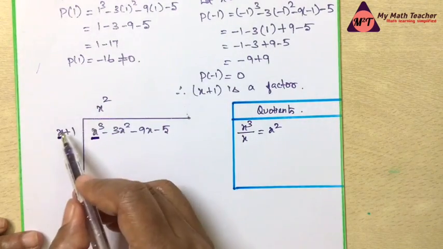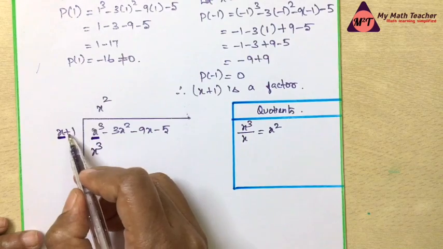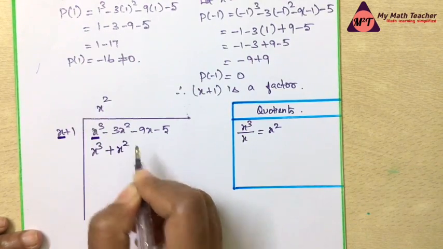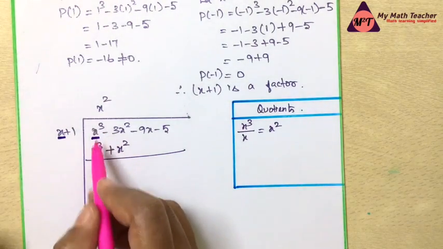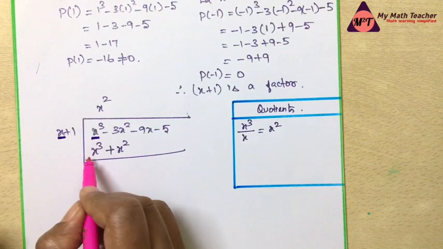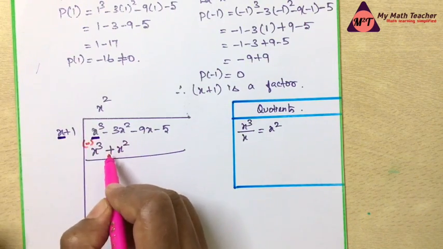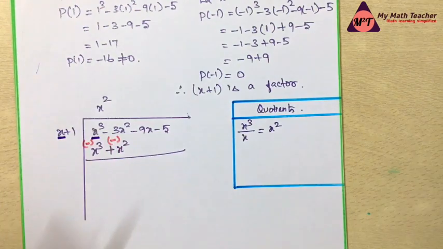Now multiply x into x square, it is x cube. 1 into x square, it is plus 1x square. When you subtract it, you will be changing the sign. X cube, here it is positive, change the sign as negative, it is subtraction. Now it is again positive, here change the sign, it is negative.